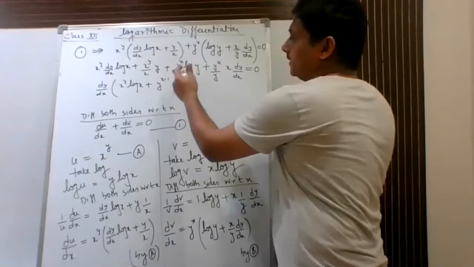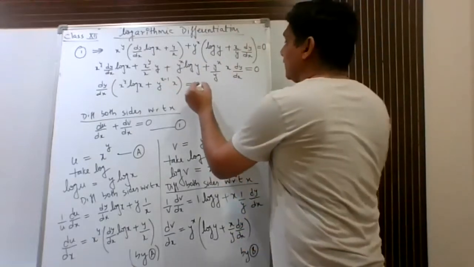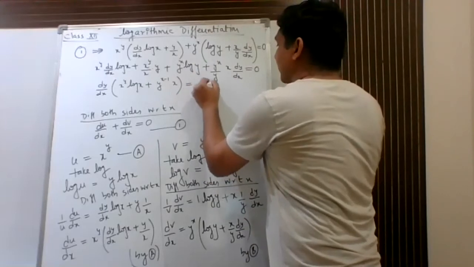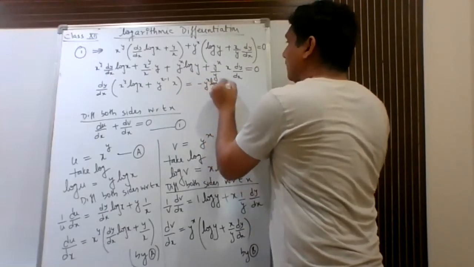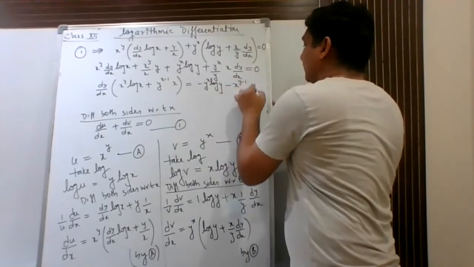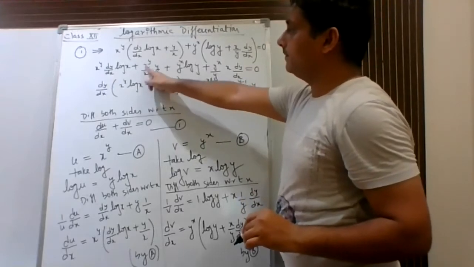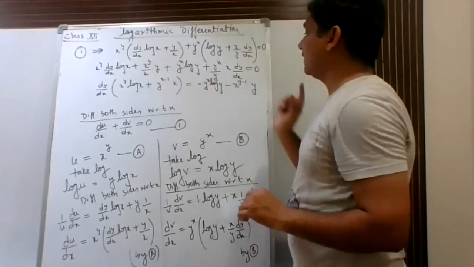Now shift all the terms which don't have dy upon dx with them. So when you shift them, this will become minus y to the power x log y minus x to the power y minus 1 into y. So here again I had applied that property. This will become x to the power y minus 1.